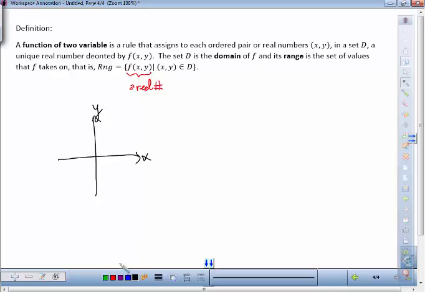When it's not the whole thing, people tend to make some arbitrary two-dimensional blob on the XY plane as your domain. But realistically, it doesn't look like that. It's either the whole thing, or it would normally be a quadrant, or some rectangular region. It might also be some circular region.